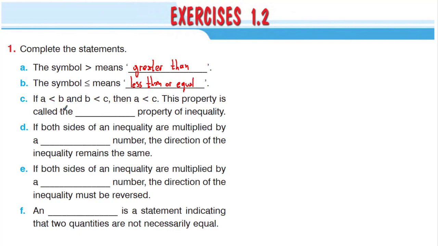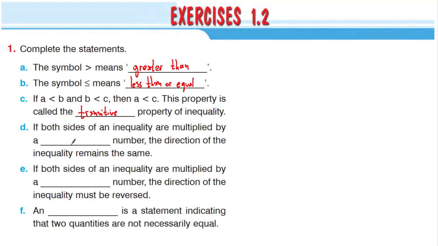If A is less than B and B is less than C, then A is less than C. This property is called the transitive property. If both sides of an inequality are multiplied by a number, the direction of the inequality remains the same.